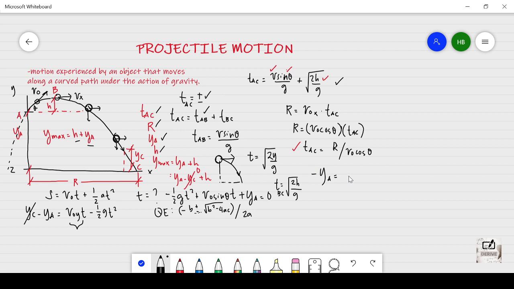So your negative YA will become VO sin theta multiplied by total time of flight minus 1/2 g TAC squared.